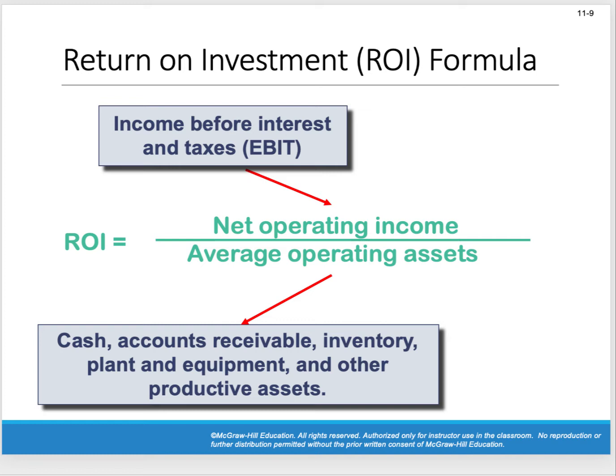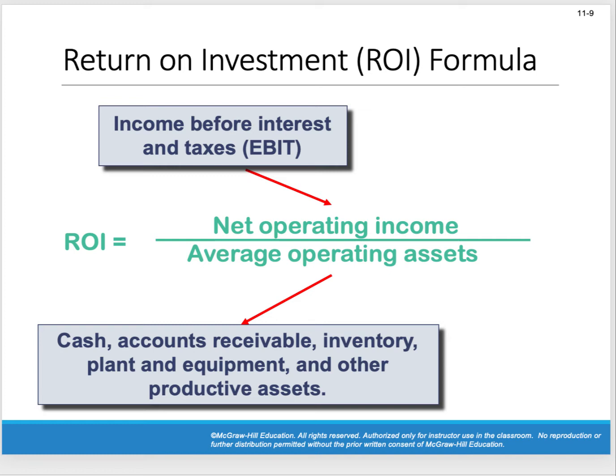Now, up to this point, we only really looked at the traditional income statement and the contribution margin formatted income statement. Here, when we're calculating ROI, we need to figure out what net operating income is, okay?